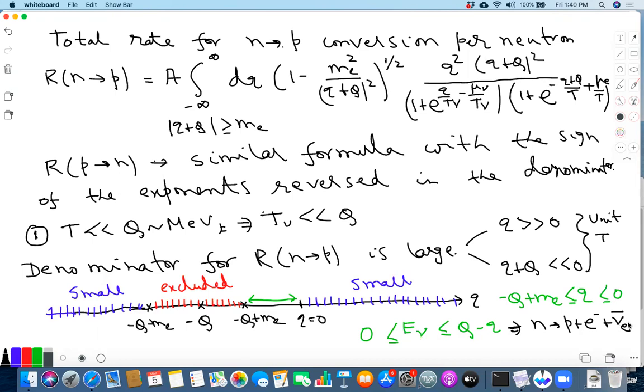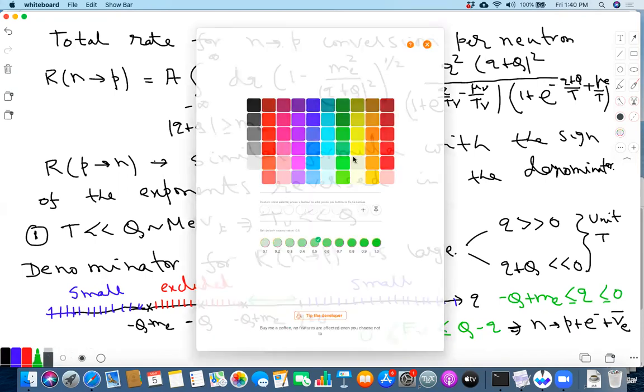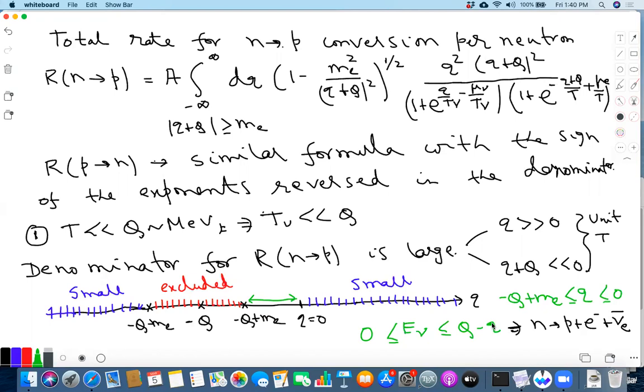You can see by energy conservation, E nu can be at most the mass of n minus mass of p minus the mass of e minus, and that's Q minus m_e.